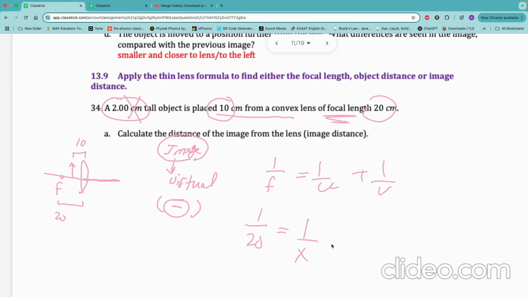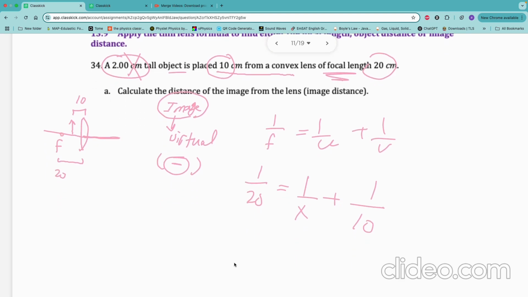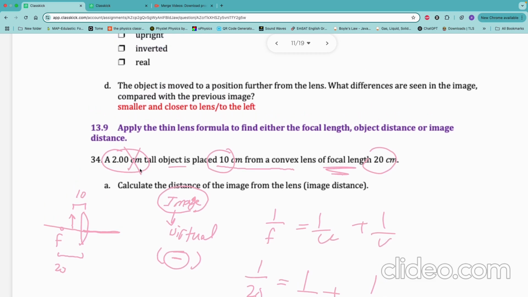We can replace it just 1 over x. What is the object distance? 1 over 10. So shift solve. You don't need to use math calculation, or if you don't mind, it's okay, but the main important thing is you make sure that you get a correct answer. So x is going to be equal to negative 20 centimeter. As we agreed earlier, you don't need to convert units since all of them are in centimeter, keep it centimeter.